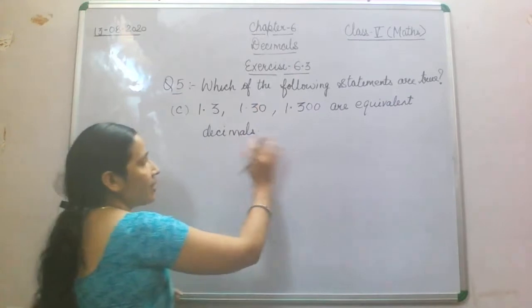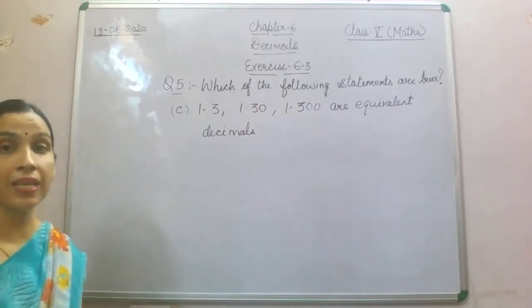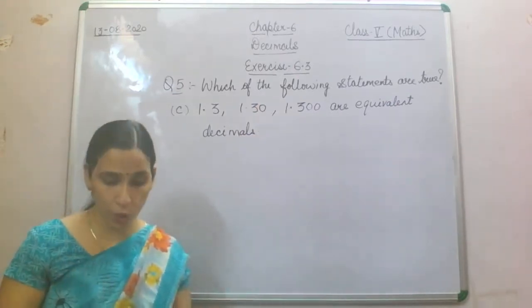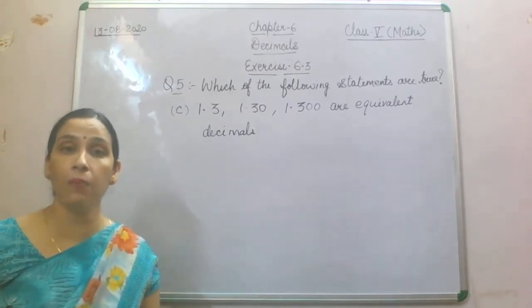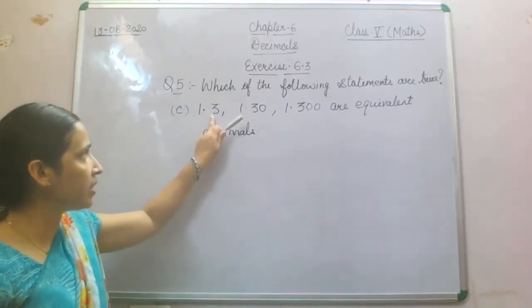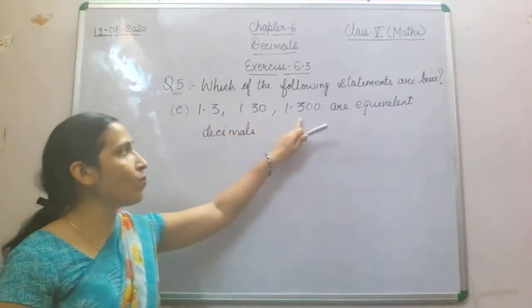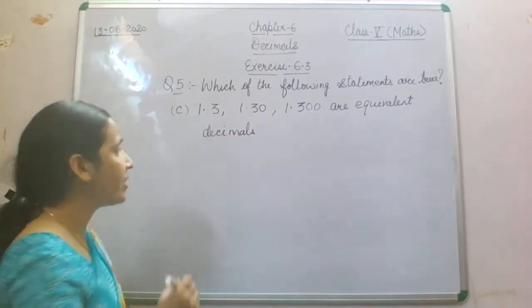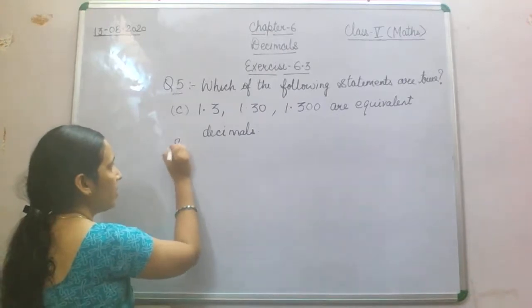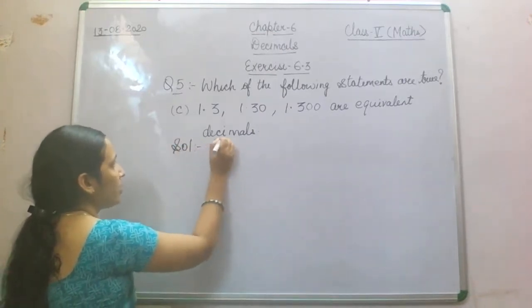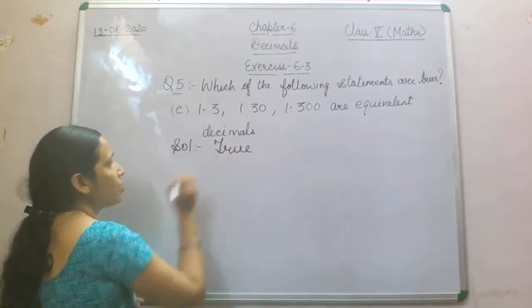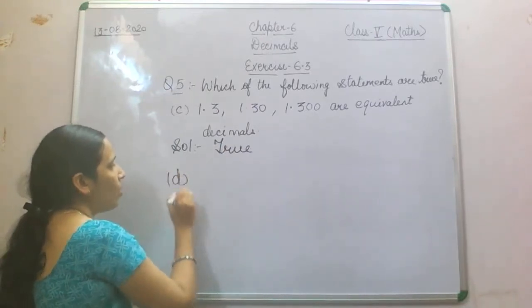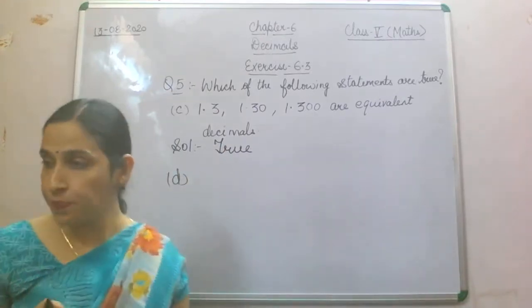So are these numbers equivalent decimals? Yes. If you remove the zeros, you will get the same number in all: 1.3, 1.3 and 1.3. So is this statement true? Yes. This statement is true. What will be your answer? The statement is true.